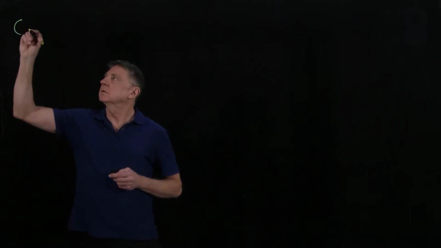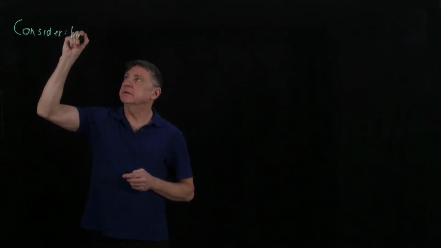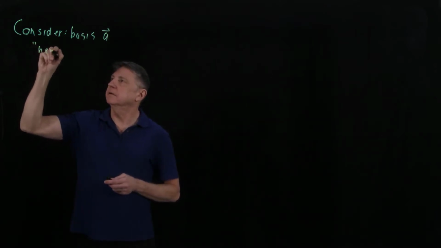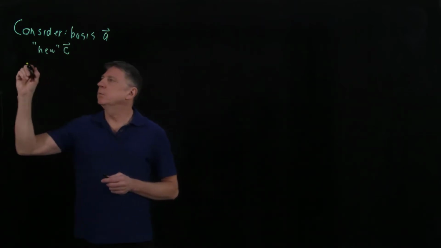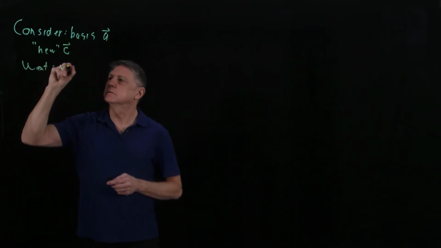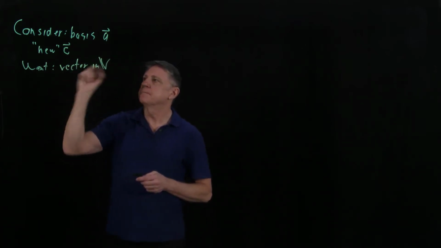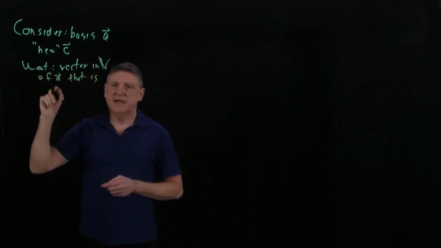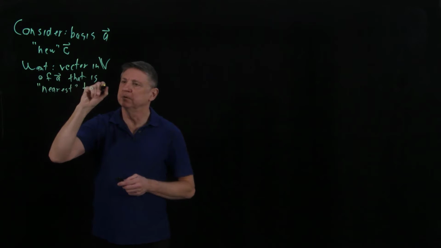Let's suppose that we are given a basis vector A, and we're also given a new vector which we'll write as C, and we want the vector in the vector space of that vector A that is, and we'll put this in quotes, nearest to C.